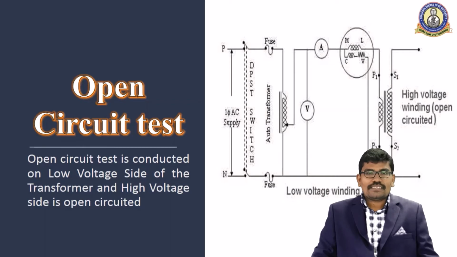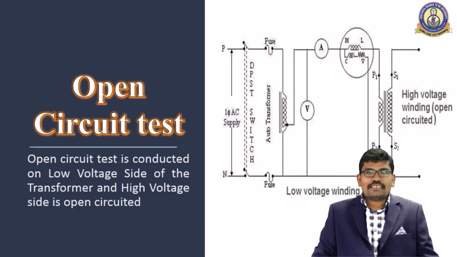So we have to consider instrument transformers instead of voltmeter and ammeter. To avoid these problems, we conduct the open circuit test on the low voltage side of the transformer.